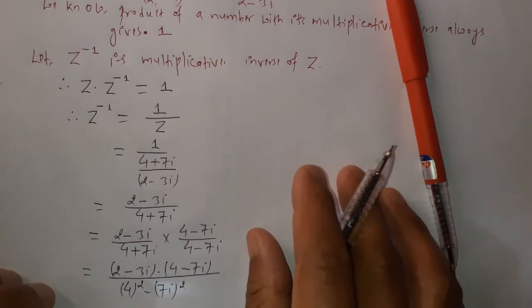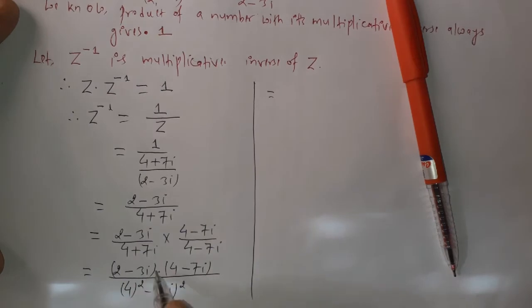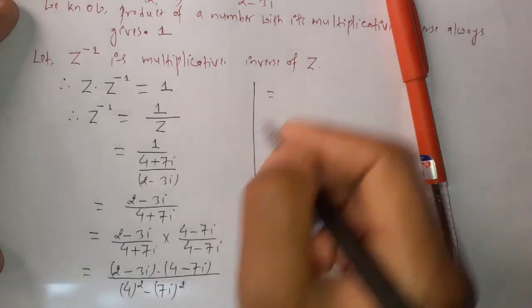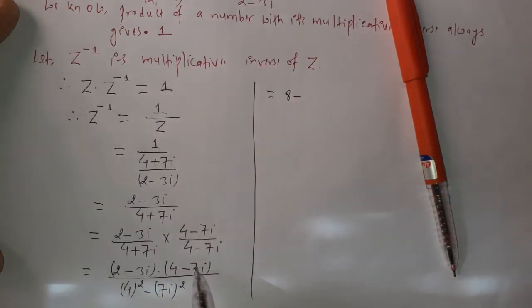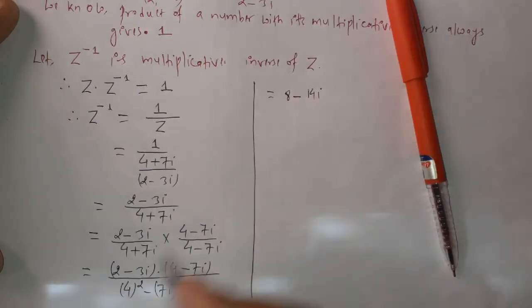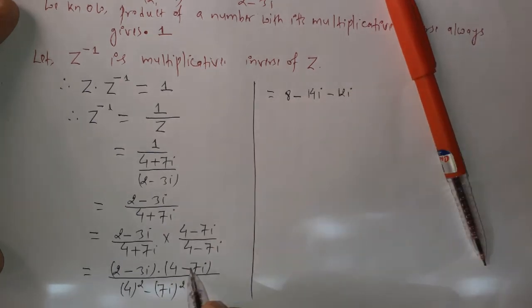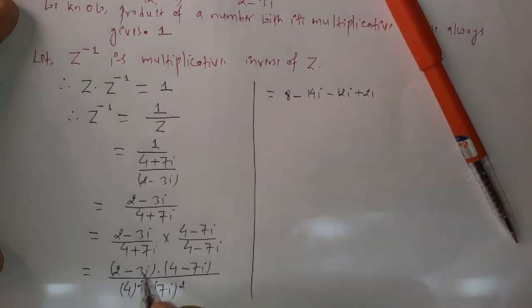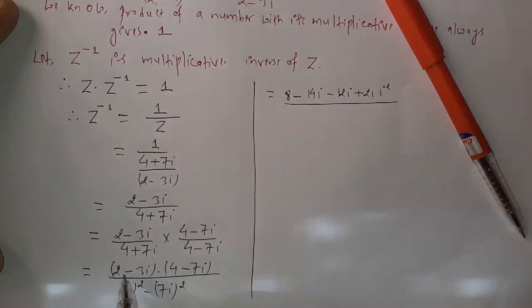Now solving this, in the numerator we multiply the two complex numbers. 2 times 4 gives 8, 2 times negative 7i gives negative 14i, negative 3i times 4 gives negative 12i, and negative times negative is positive, 3 times 7 gives 21, i times i gives i squared.